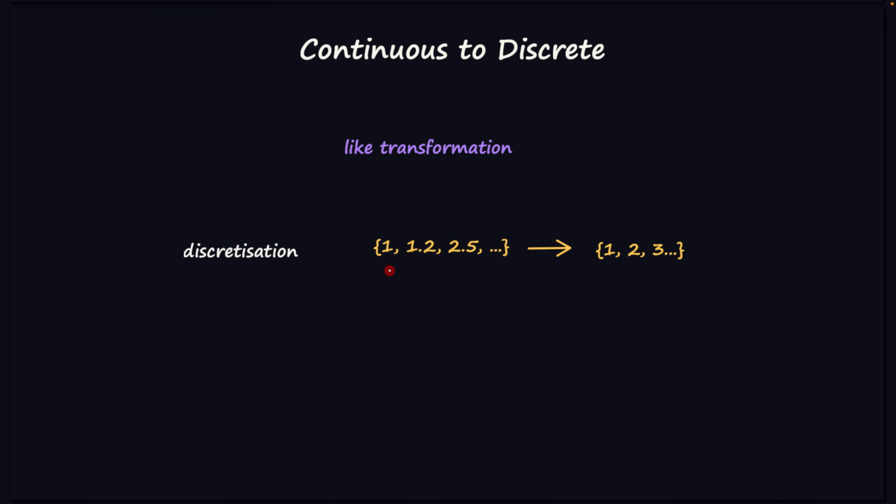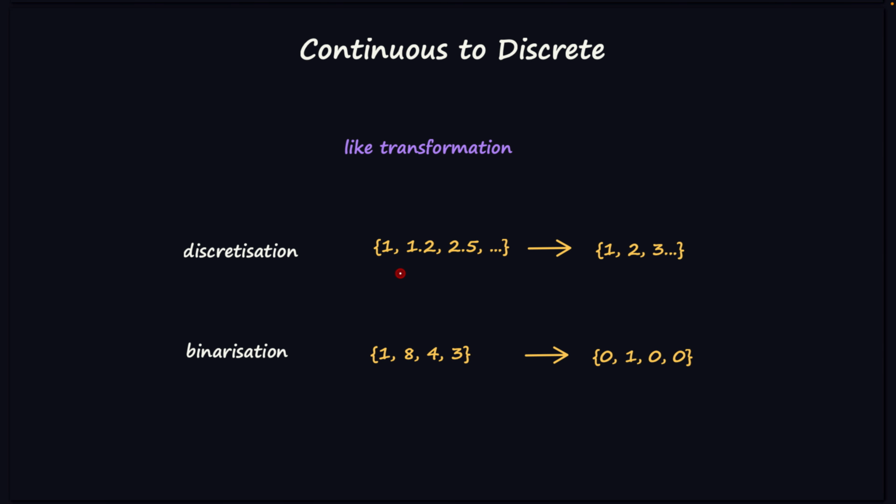Okay, because we could have many values between 1 and 2, and if we use all of them in our data set, it might be too hard for the model to understand the pattern. But if we convert these real numbers into integers like this, then it might be slightly easier for the model training. So this type of activity is called discretization. And another example of discretization is called binarization.